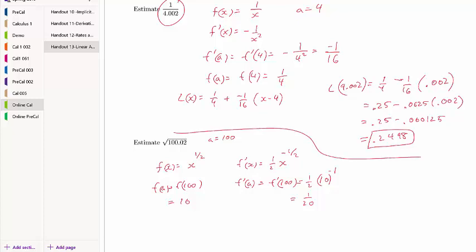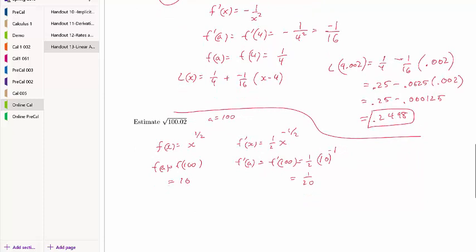Okay. So let's go ahead and put everything together. Our linear approximation formula is f of a, which we found to be 10, plus f prime of a, which is 1 over 20, times x minus a, which in this case is 100.